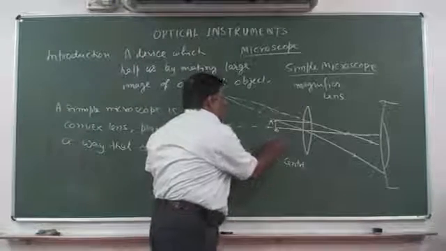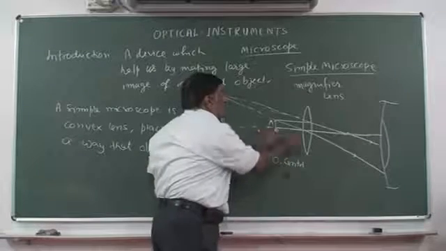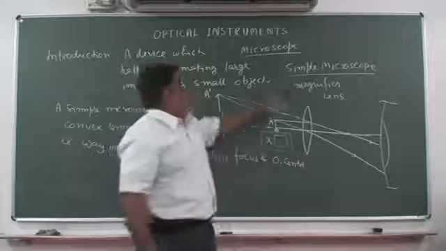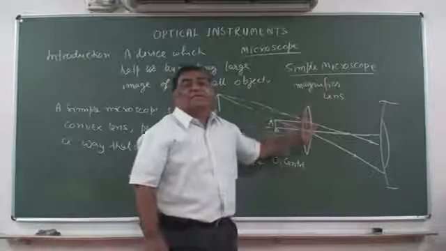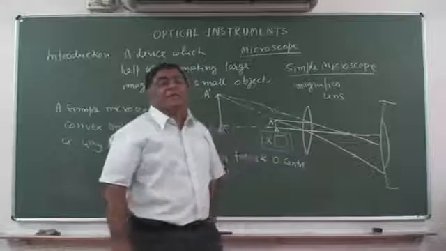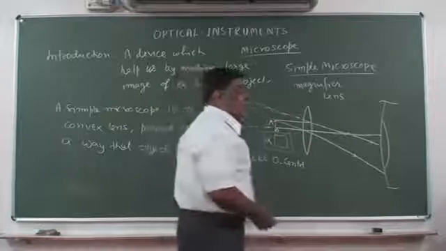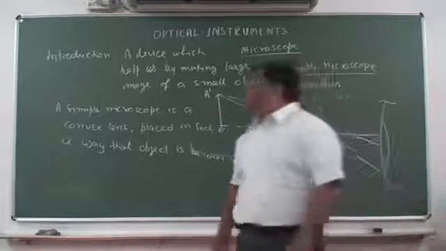So multiply how many times? This is power. What is the power? So this power is given by how much magnification it is doing. This is the power of a lens. So the power of a lens is known by the magnification it is doing.